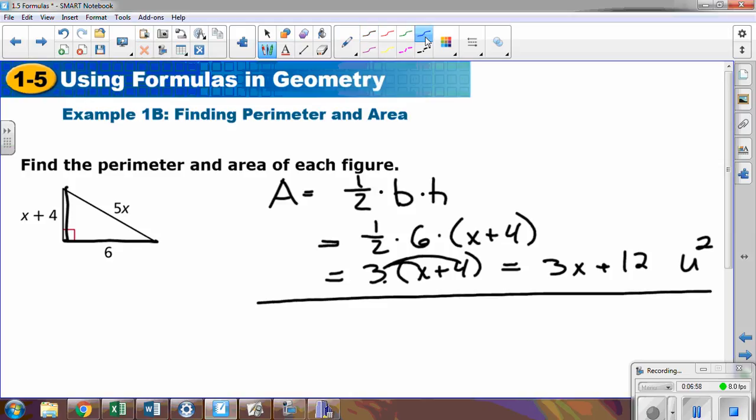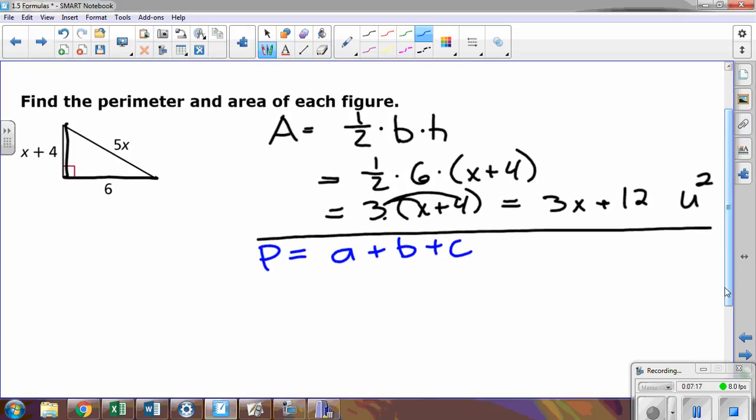Okay, what about perimeter? How do you get the perimeter of a triangle? We'll have to add together all 3 sides. Thus, we would have side 1 plus side 2 plus side 3.